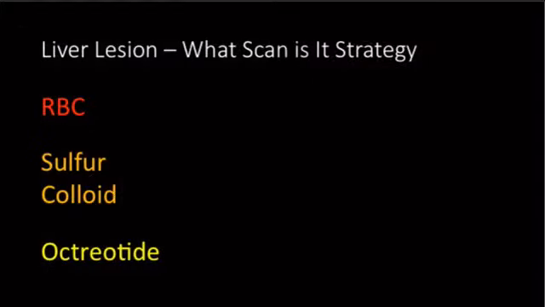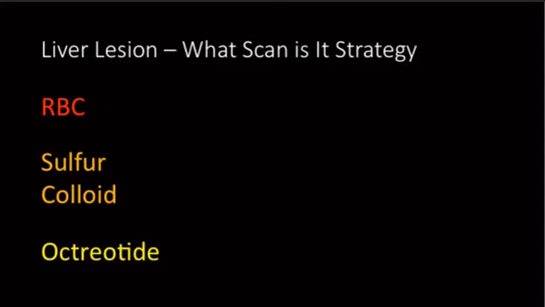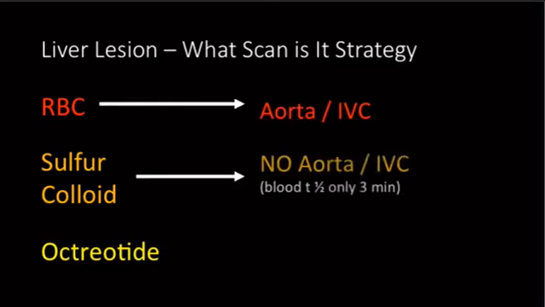So 3 basic options when you look at the liver. The mechanism is, can you see the aorta/IVC? If you can, it's an RBC scan. If you can't, you're thinking sulfur colloid. The half-time in blood is very short.